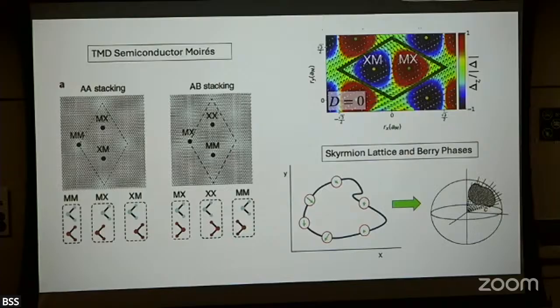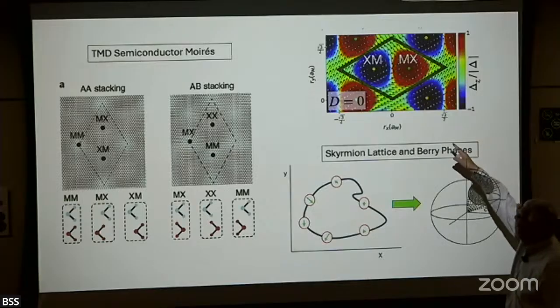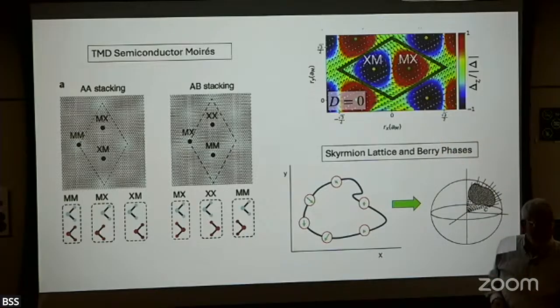I'll come back to that in a moment, but stacked in the same way as graphene. When you have that kind of local stacking, the tunneling vanishes. So if you look at the arrows, the points here that I'll explain in a minute that are marked XM and MX, those are the points at which, in local approximation anyway, tunneling between the two layers at those positions within the Moiré pattern vanishes.